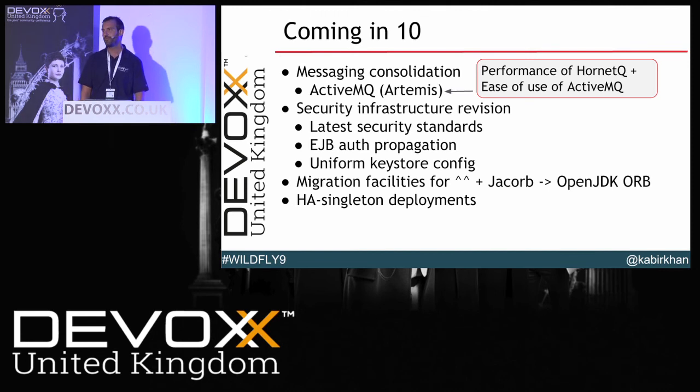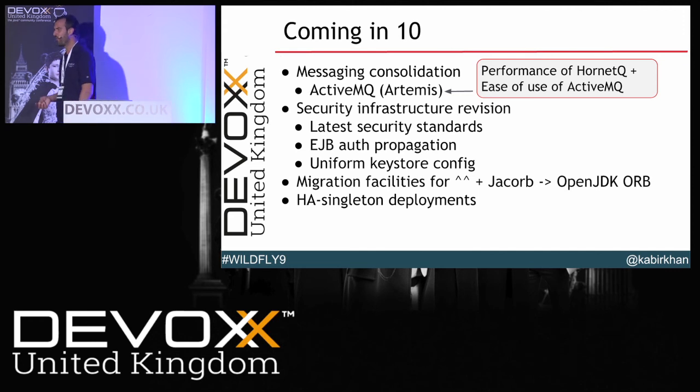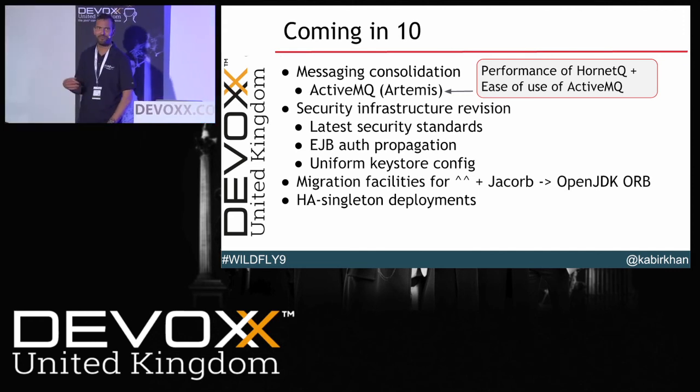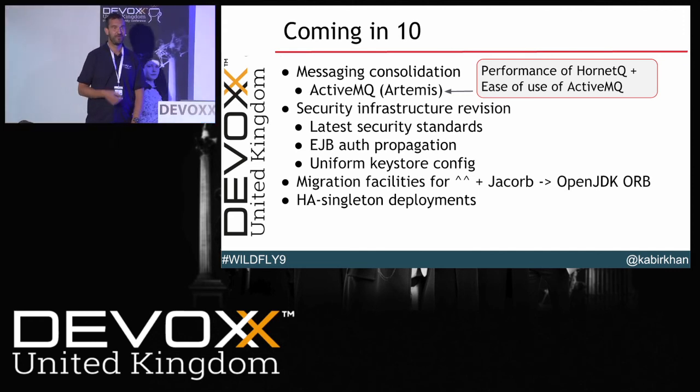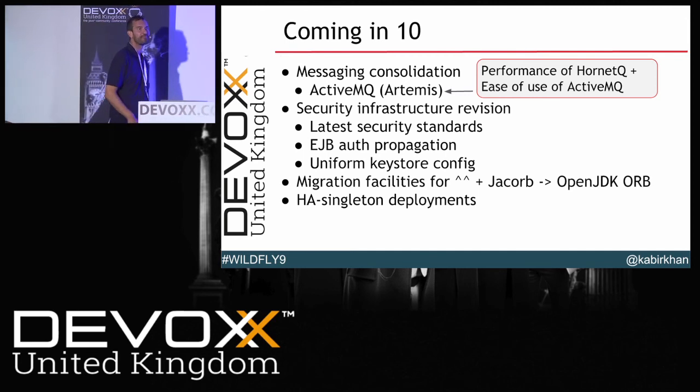The other thing is that we're revising the security infrastructure. The security frameworks that we have internally in WildFly 8 and previous are quite old. They are built on stuff that was there in JBoss 4, if not even earlier.